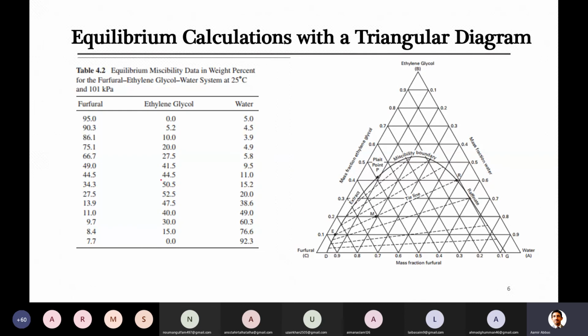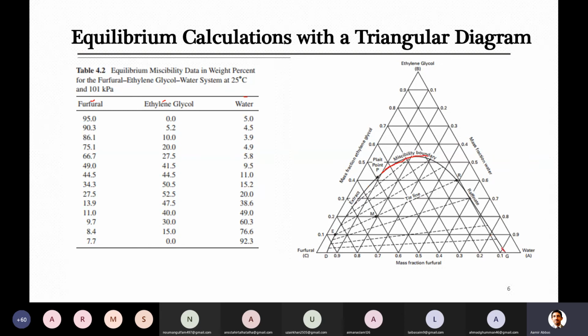Because we have three components, the data is shown here in this table: peripheral, ethylene glycol, and water, with their various concentrations given, and by using those concentrations we draw this curve shown inside the diagram.